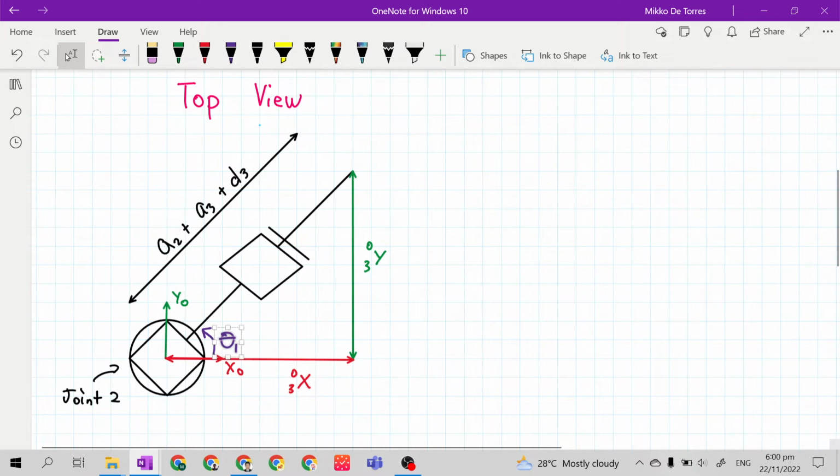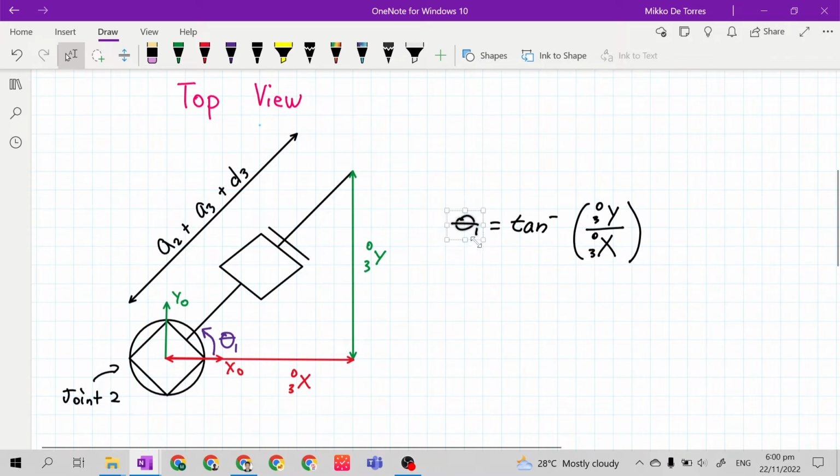So theta 1, using SOHCAHTOA and the formula of tangent, is equal to inverse tangent of y03 over x03.